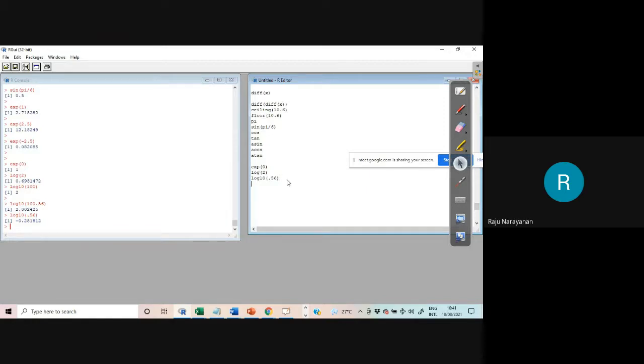That is about log. Sine, cos, absolute value, abs. Absolute value of minus 10, you should get 10.